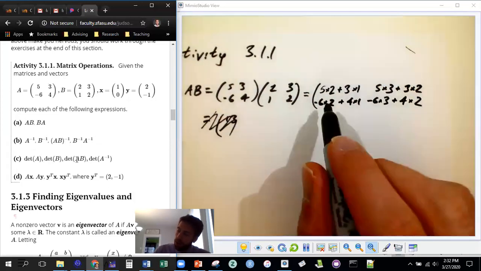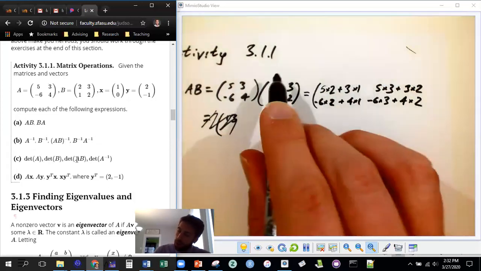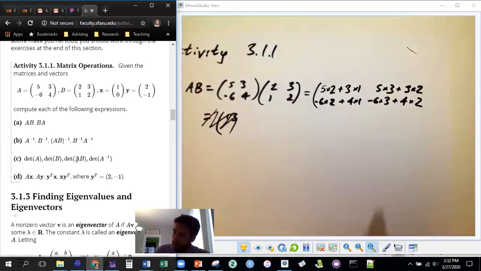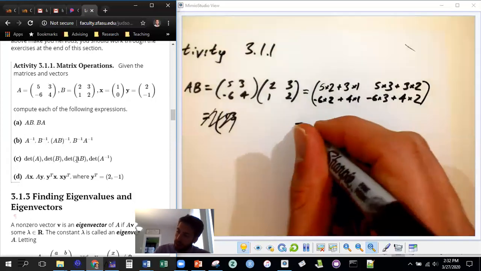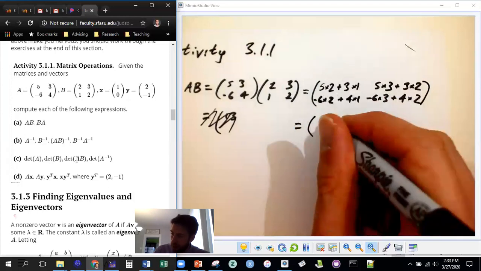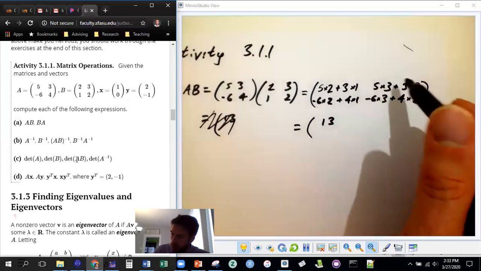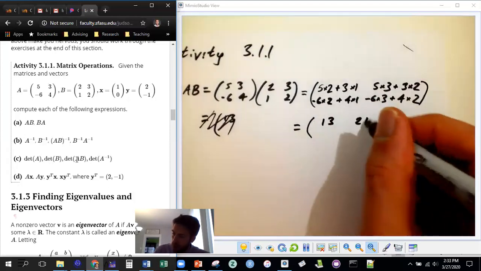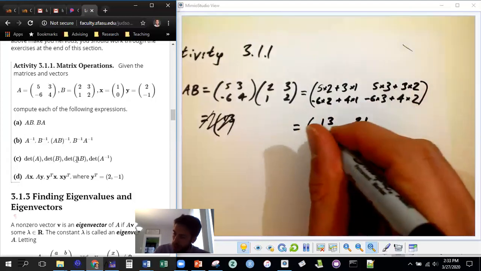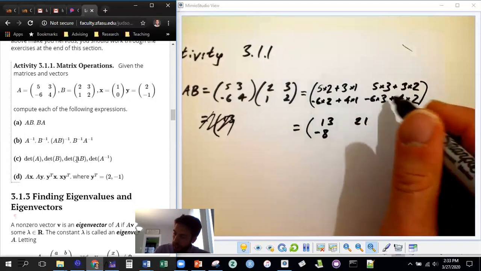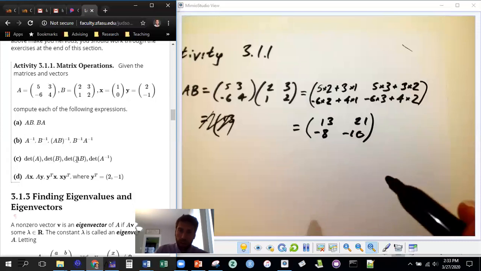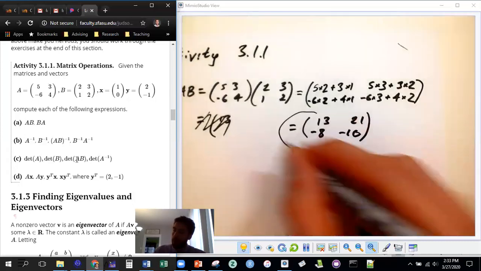Notice how it's row times column, row times column, row times column, row times column. Now simplify. So 10 plus 3 is 13, 15 plus 6 is 21, -12 plus 4 is -8, -18 plus 8 is -10. So that's A times B.